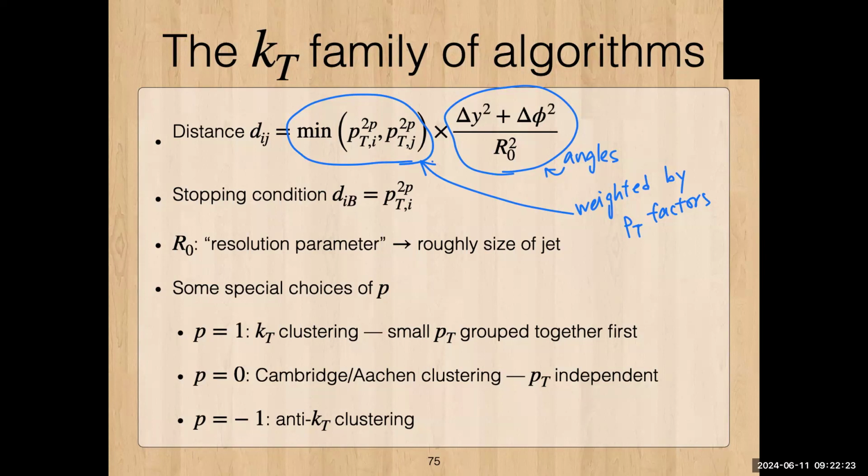For example, p equals 1 is the KT clustering algorithm. p equals 0 is usually called Cambridge-Aachen clustering, where the momentum doesn't matter and the clustering is only based on the angular distance between particles. And p equals -1 is called the anti-KT clustering. Another thing is this R0 here, which is called the resolution parameter. It effectively determines how big the jets are, that is, their overall size.